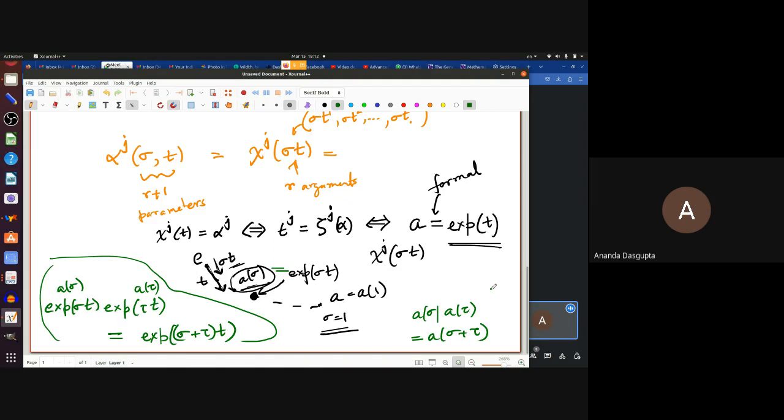What I'm saying is, at a formal level, a basic defining property of exponentials, at least the familiar property of exponentials for real functions, actually works nicely at this stage, right? You have this property.